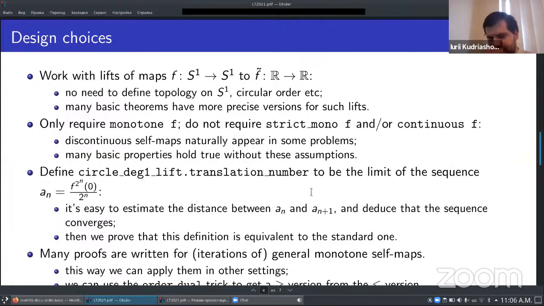The trick is to look at the sequence, not f to n of 0 over n, for example, but f to 2 to n over 2 to n.